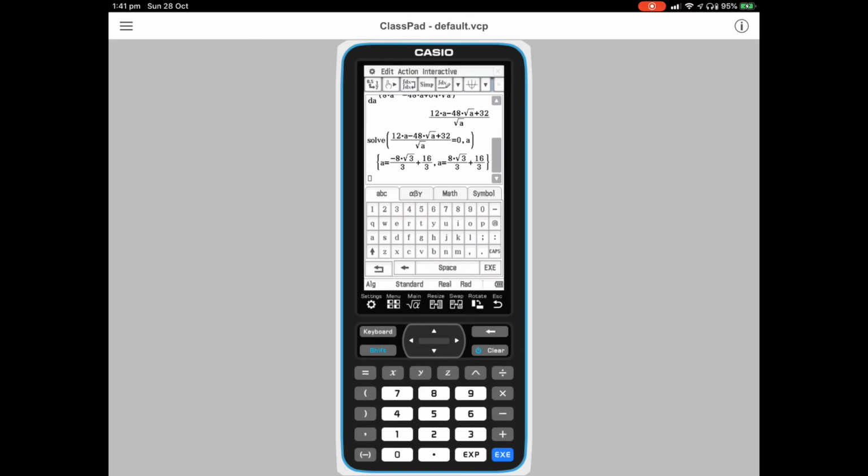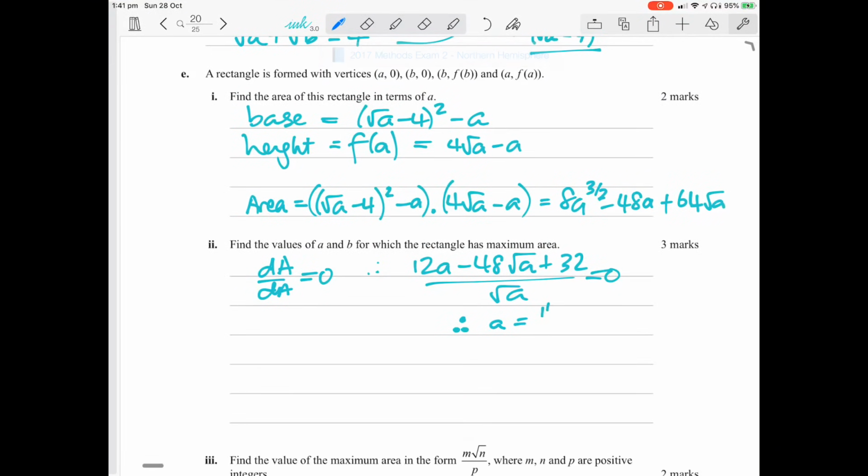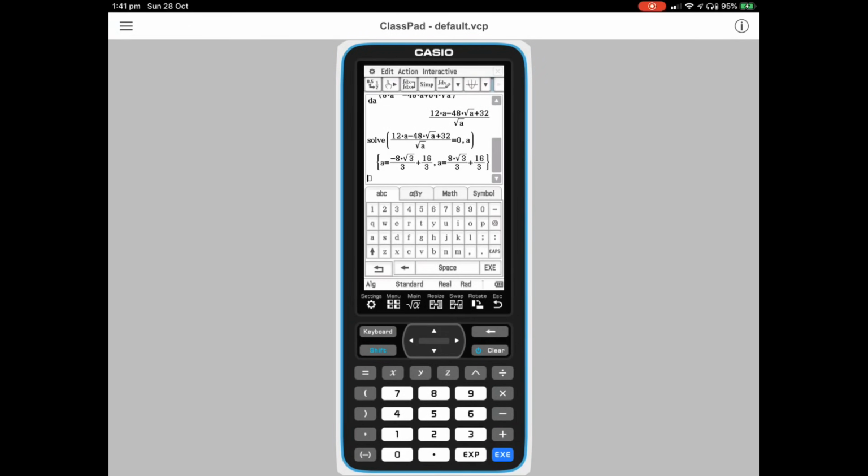Okay, so we've got those two values: 16 minus 8 root 3 on 3, and 16 plus 8 root 3 on 3. Okay, so that's the derivative.